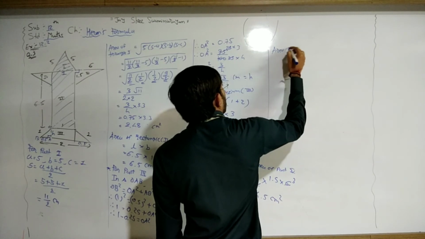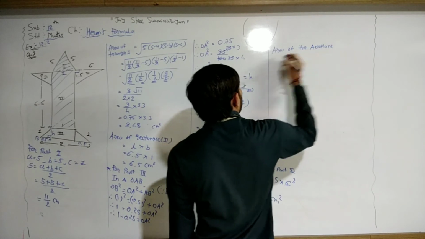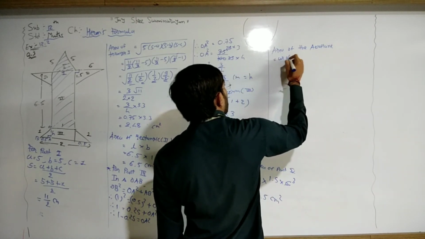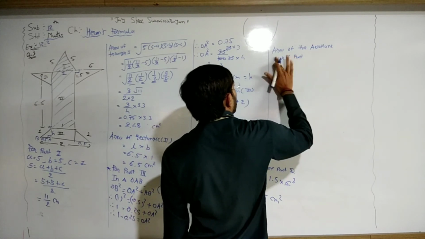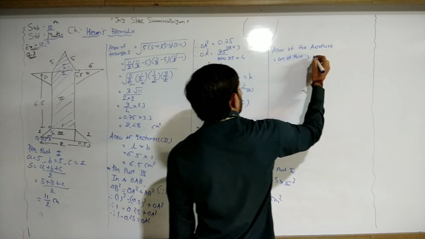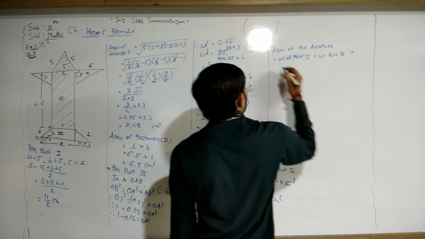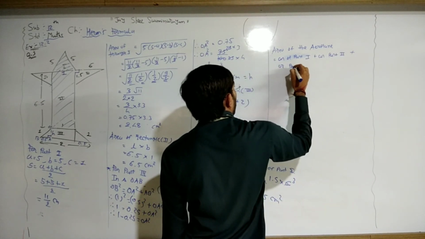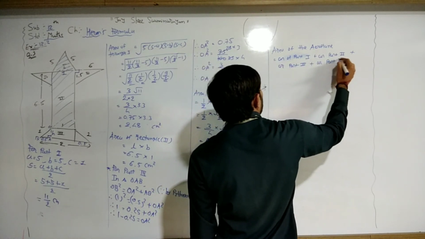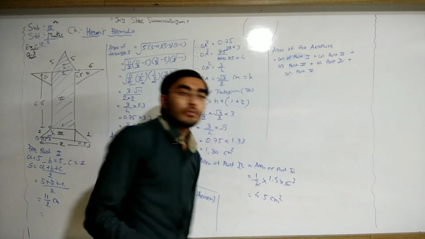Area of the aeroplane is equal to area of part 1 plus area of part 2 plus area of part 3 plus area of part 4 plus area of part 5.